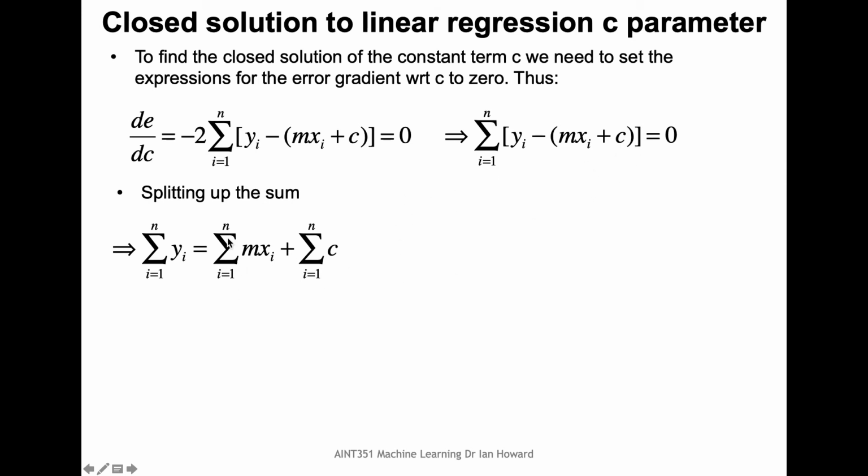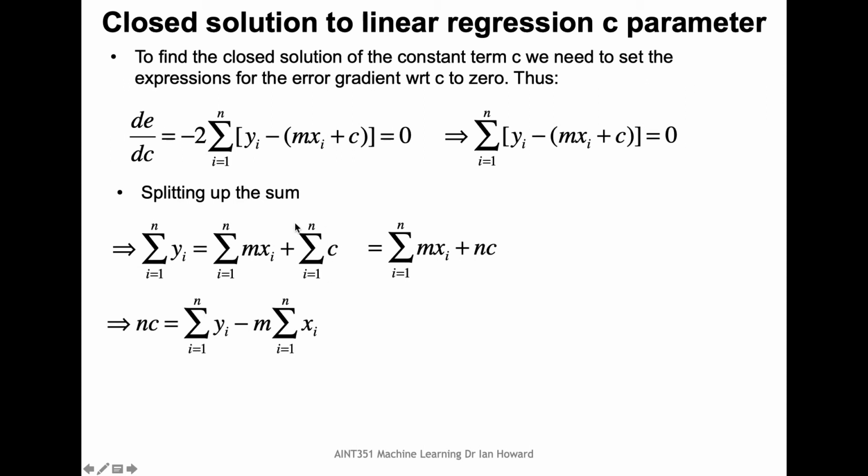So we still have the sum across all data points of m xi, and the sum across all data points of c. If we add up c n times, that just goes to nc, because c is a constant. So we've already simplified that slightly and got rid of that sum.